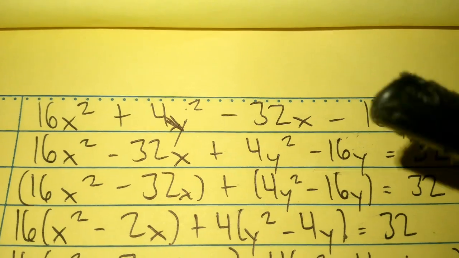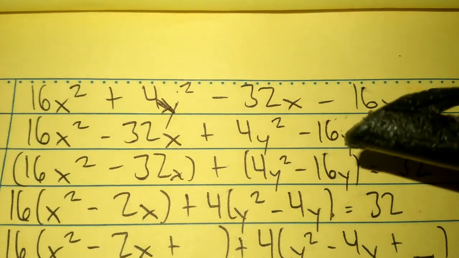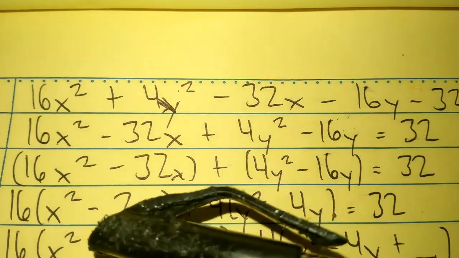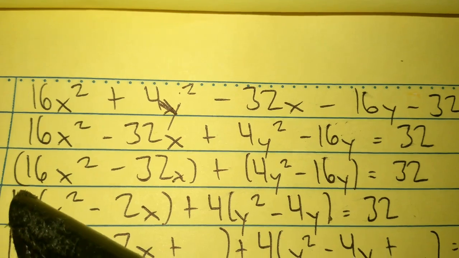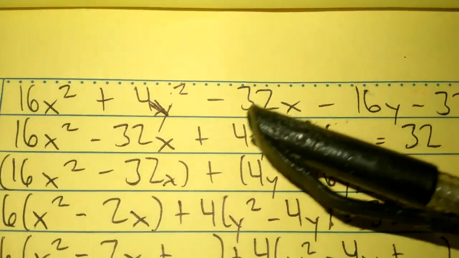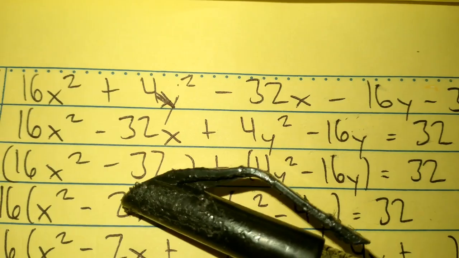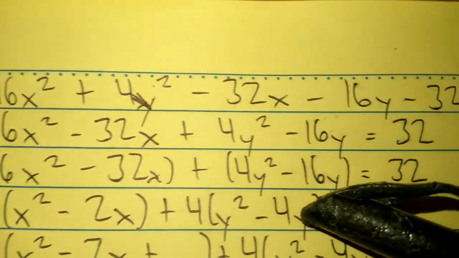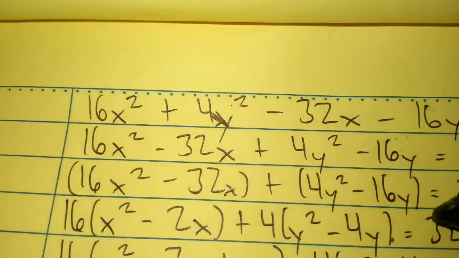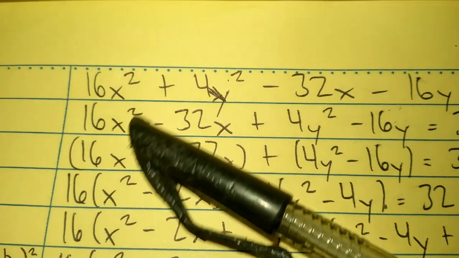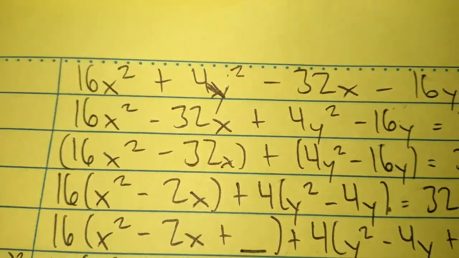The next step is group the same terms, the same variables. So as you can see, there is now a parenthesis: 16x squared minus 32x plus 4y squared minus 16y is equal to 32.